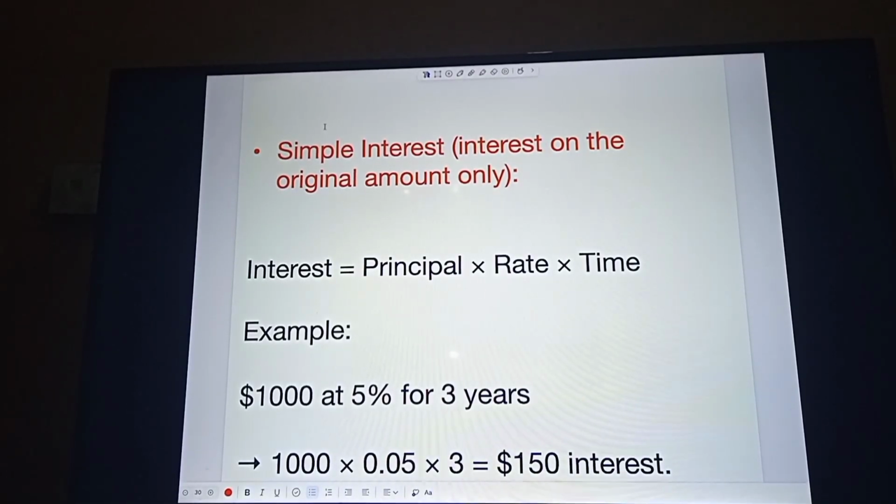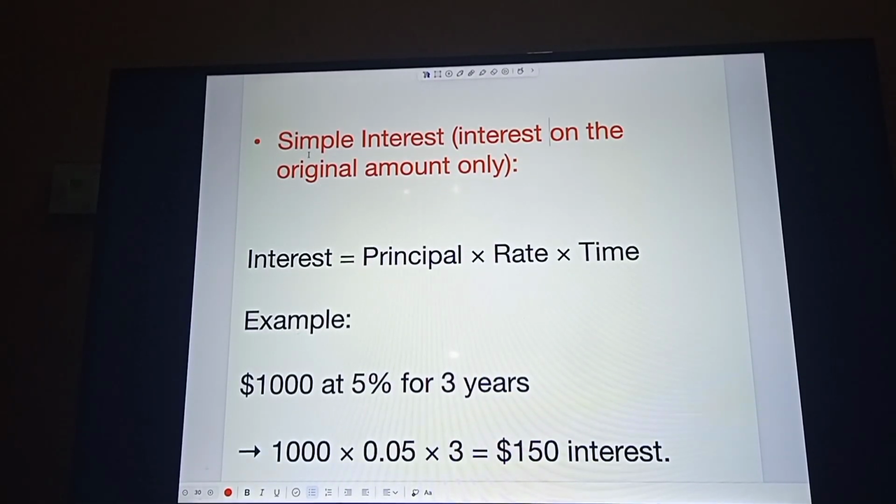Okay, next is how we can calculate simple interest using percentage. So percentages make simple interest easy to calculate.